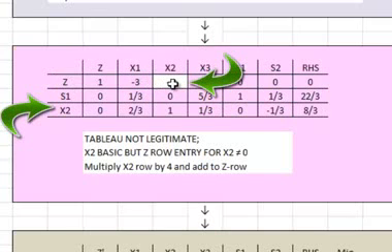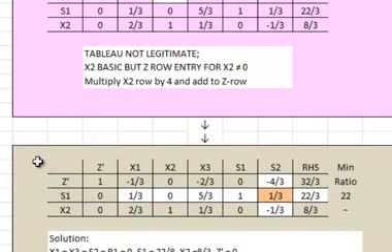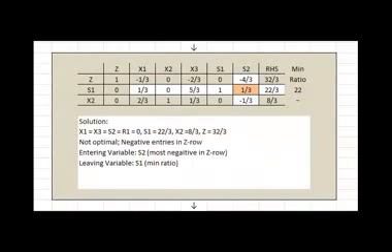Just like the start of phase 1, we are now dealing with the same situation. So we are going to multiply x2 row by 4 and add it to the 0. That will generate a 0 in here, and we will have a legitimate tableau. This is a legitimate tableau, but it is not an optimal tableau.